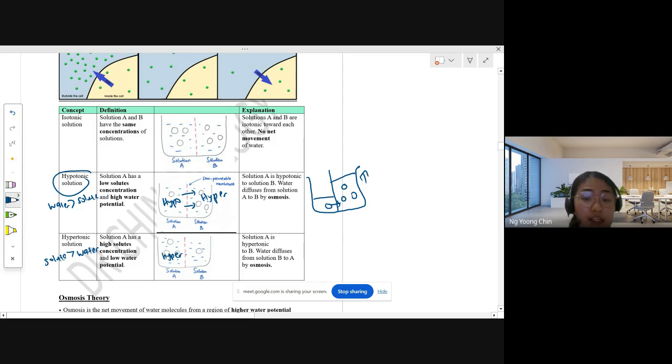Solution B you classify as hypotonic. Why? Because from solution B, the water molecules are able to diffuse from B to A. So the water will move in this way. At the end, the result will be in this way. Also the same solute, but the water level is now high. This one has a very low water level. So this is also A and B.